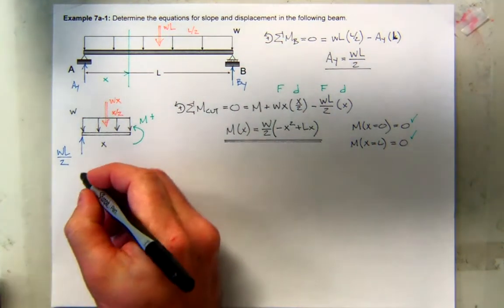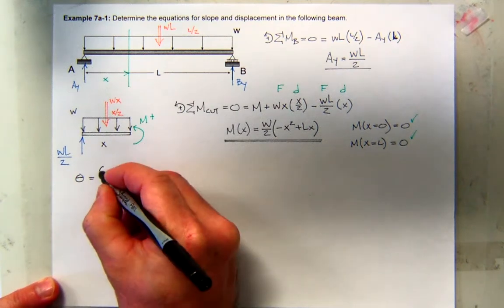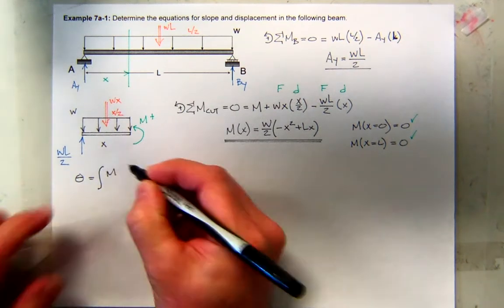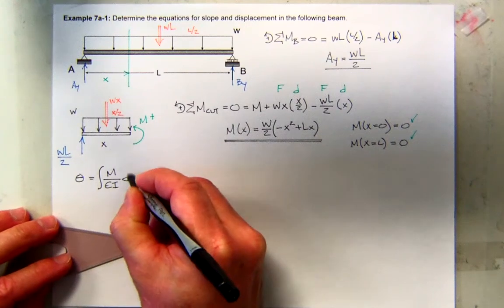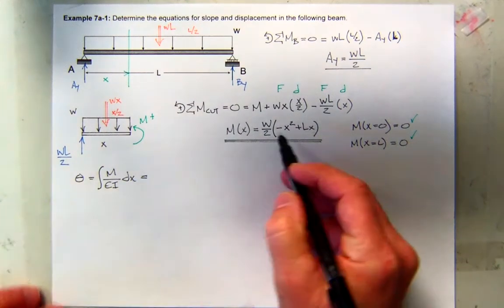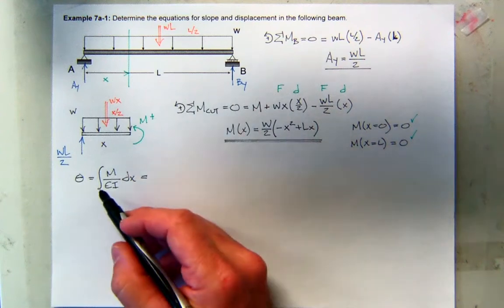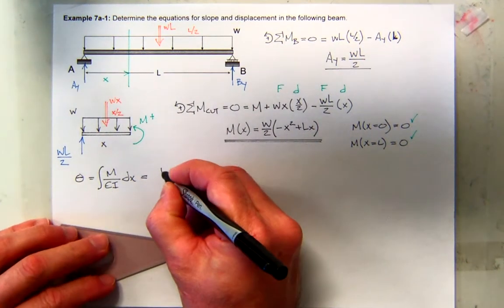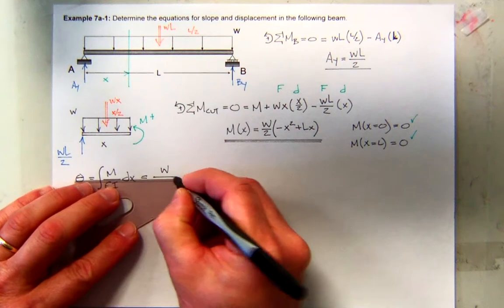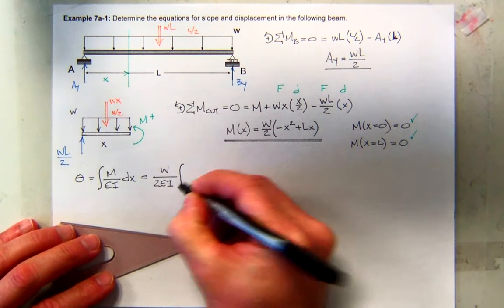So now the problem says that the slope should be the integral of the moment divided by EI dx. So there's our moment equation. So again, that w over 2 and that EI are all constants. I'm going to bring that out. So I'll now have w over 2EI, and then I'm looking at the integral of what's left over.